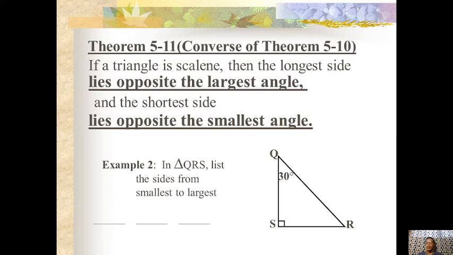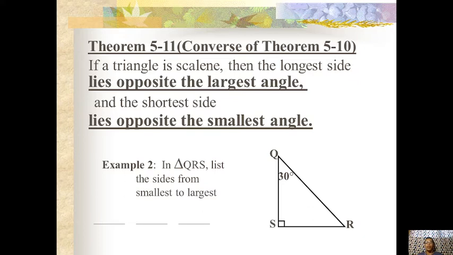So as we can see again at the bottom right of the screen, triangle QRS has one given value, which is the measure of angle Q, 30 degrees. And class, recall the properties of a triangle. A triangle's angles must add up to 180 degrees, right?